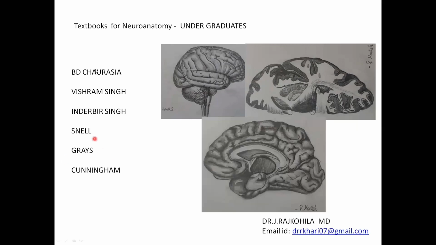Whenever you have a doubt in any of these books, you have to at once take Gray's Anatomy and refer to it for clearing your doubts. Cunningham, the previous edition of Cunningham, is really very special. Certain things mentioned in Cunningham, you cannot find in any other textbooks. Okay, so it's up to you to decide what book, but definitely start reading. It's high time you start reading your neuroanatomy now.